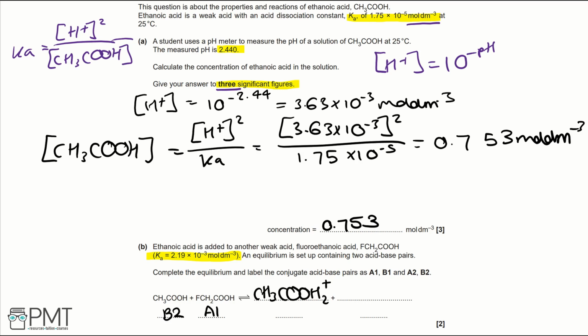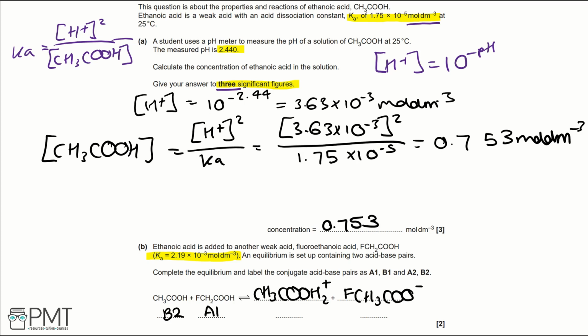CH3COOH2 plus is formed, because if ethanoic acid is acting like a base, it's going to accept protons. Then the stronger acid, fluoroethanoic acid, would turn into FCH2COO minus, because it has donated its proton to ethanoic acid.